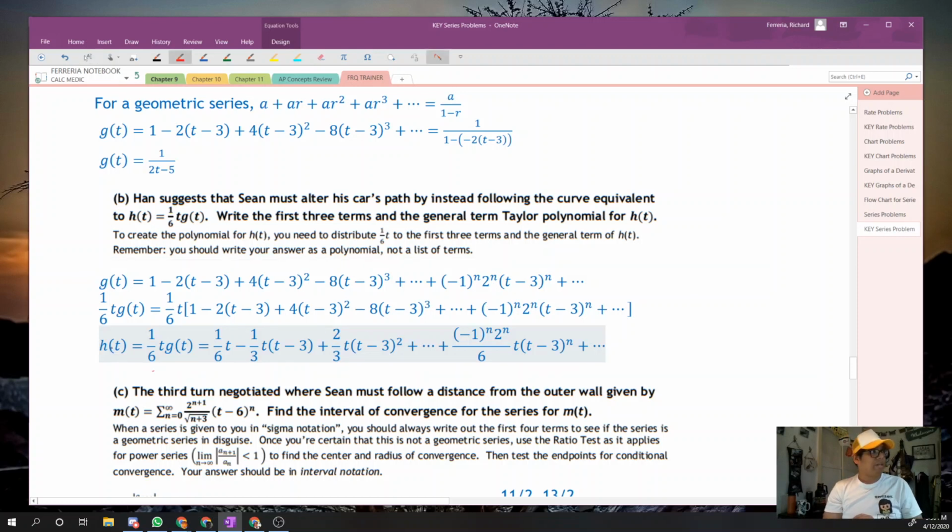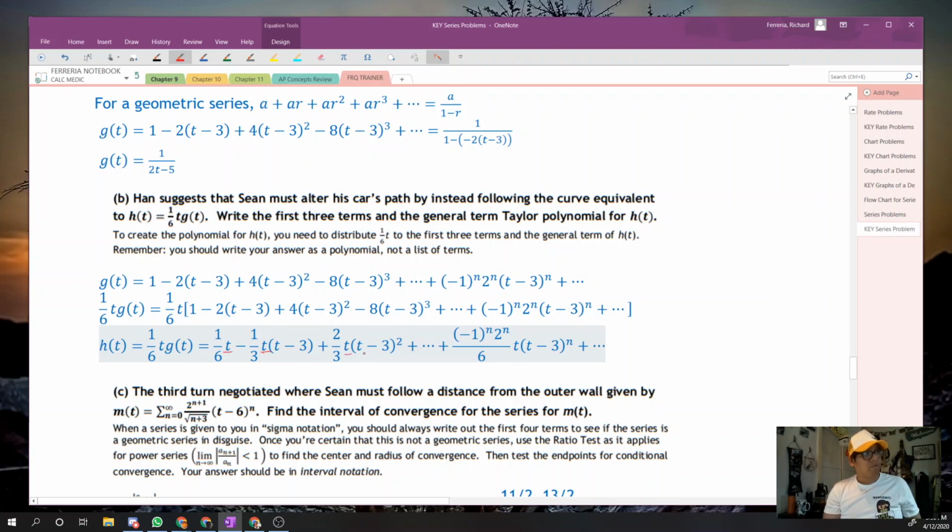Notice here that h(t) is equal to 1/6 t g(t). So h(t) is equal to this series right here. We've got this all linked up with equal signs. So that tells me what h(t) is. Also notice that I didn't bother distributing the t.